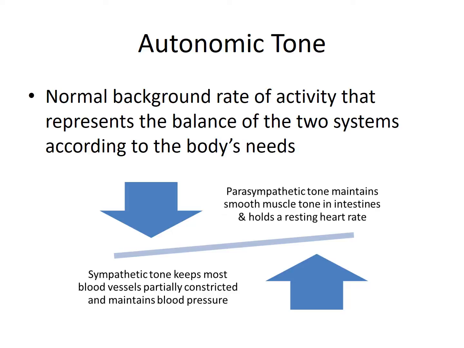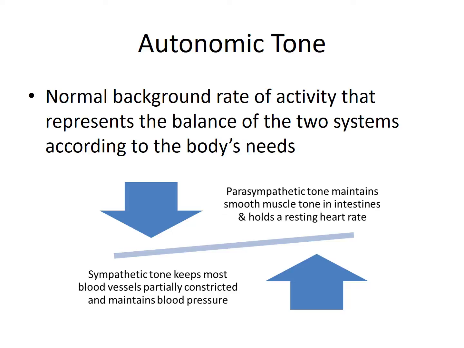So dual innervation, where there's always a background level of innervation activity. And the given balance, which system is more involved in innervation of a particular organ or less involved in the innervation of that organ, can change from one division to the other, parasympathetic versus sympathetic, depending on what is needed at that given time.